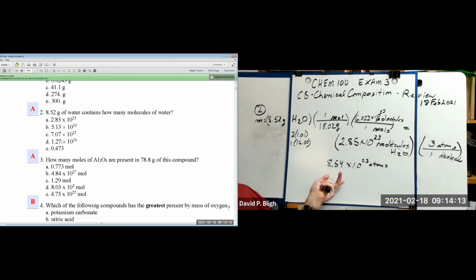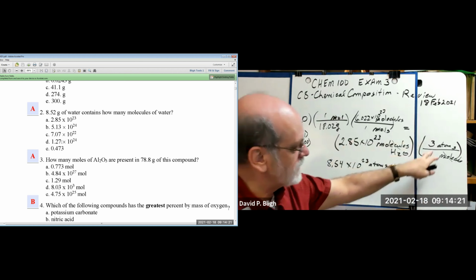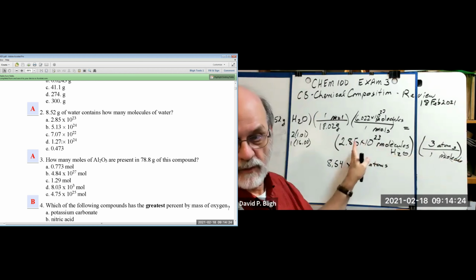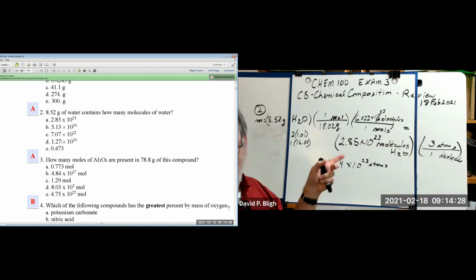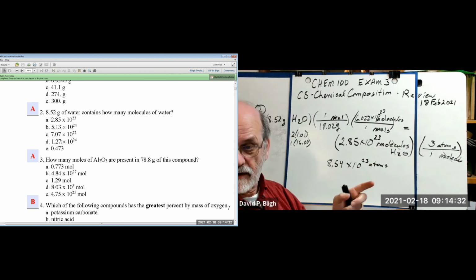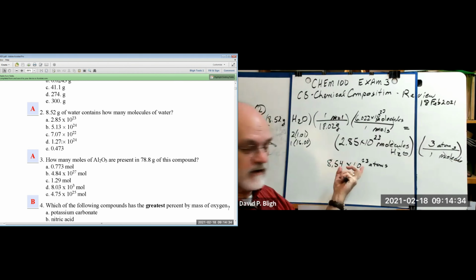So how many of those are oxygen atoms? How many of them are hydrogen atoms? Well, you could go back and do that calculation and say 2 hydrogens per molecule. But I've already got this one. What's the ratio of atoms? There are 3 of them in there, right? So oxygen atoms on this total is 1/3.